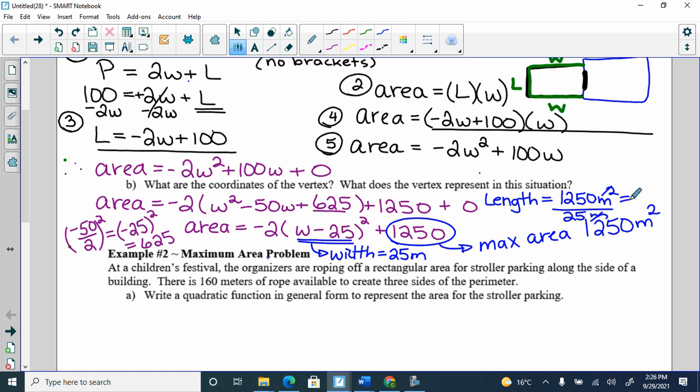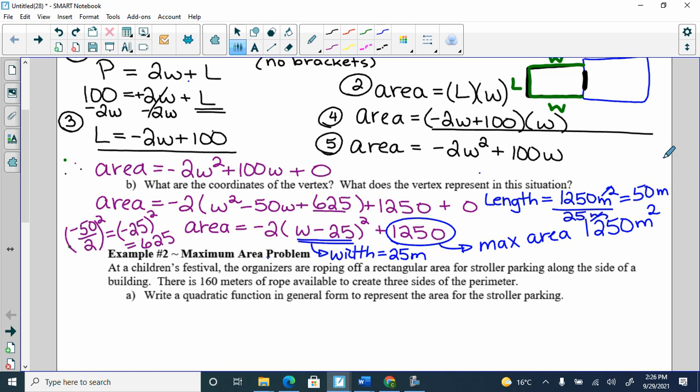That's 1,250 divided by 25. 50. Yeah, 50.